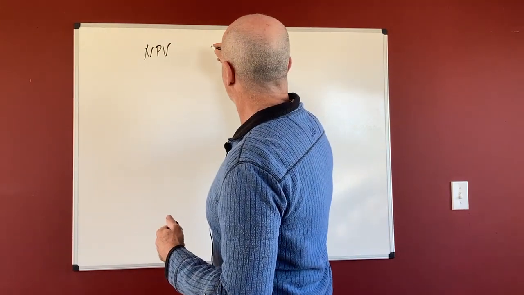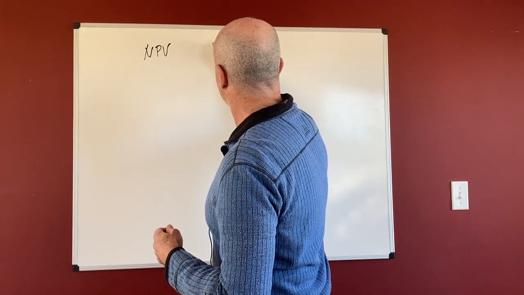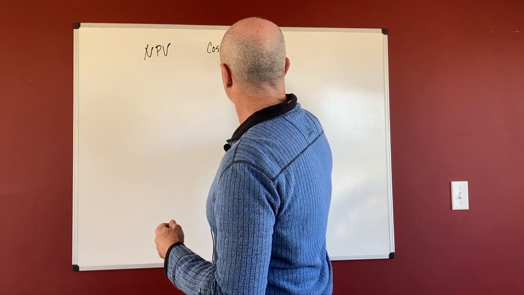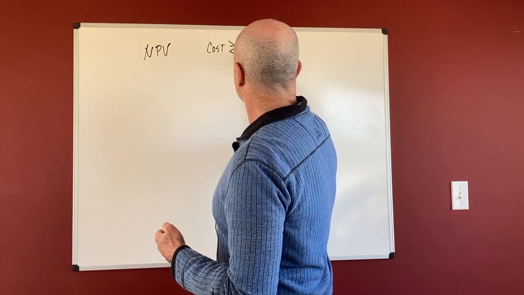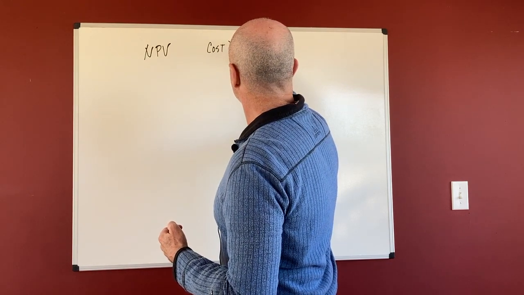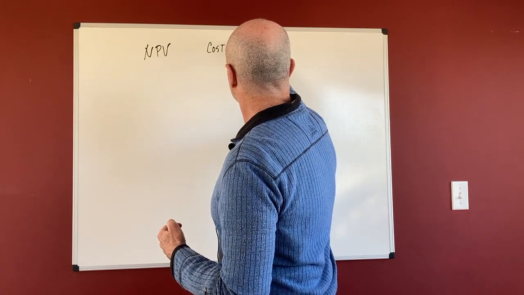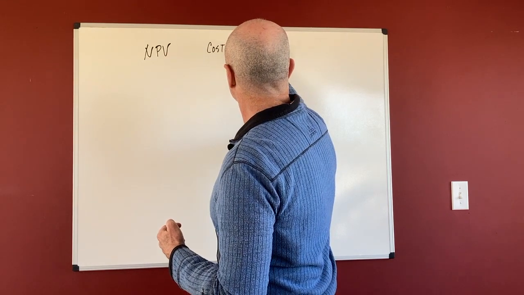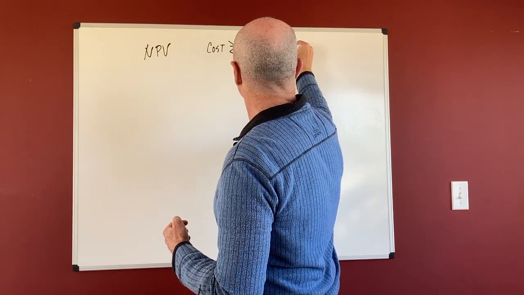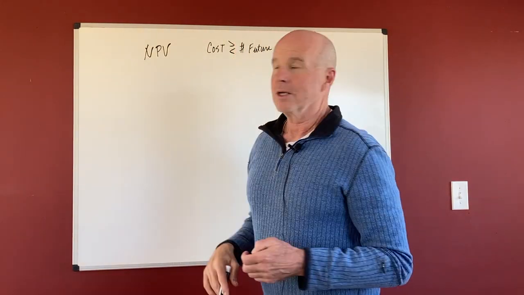So I'll even put that up here. Is the cost greater than or less than the cash flows, the future income stream, right? So the dollars into the future, pulled back into present value. So that's what we're trying to do.